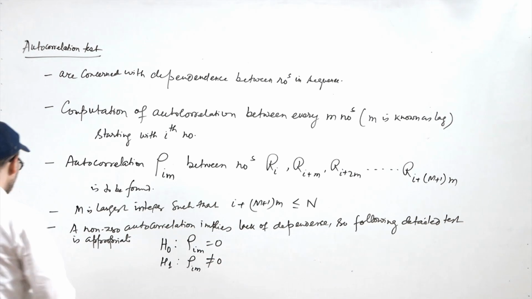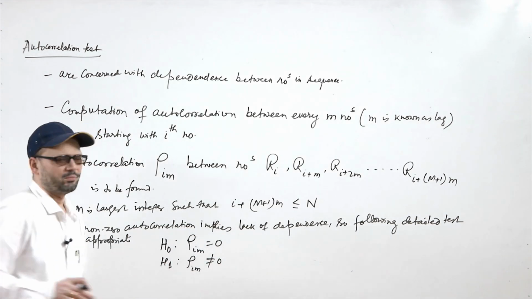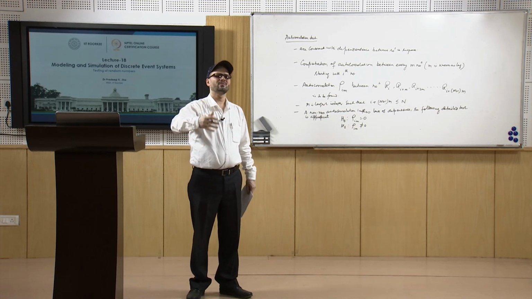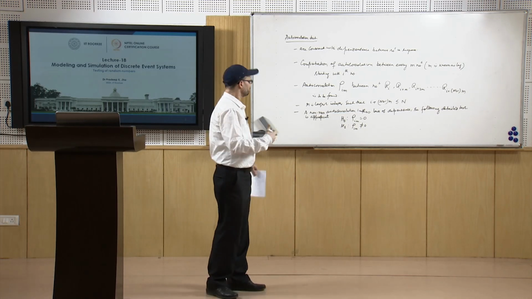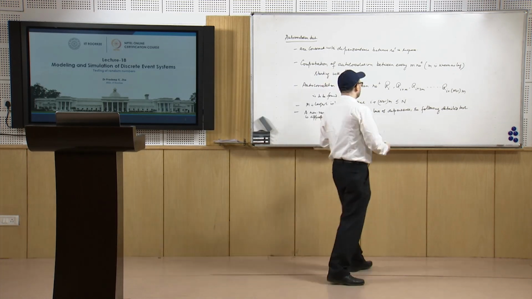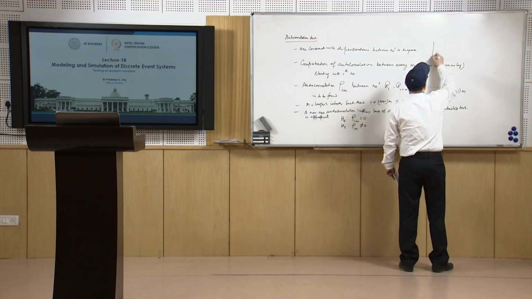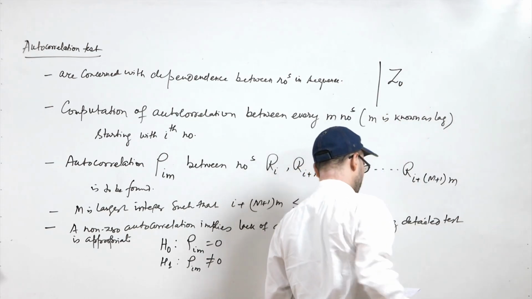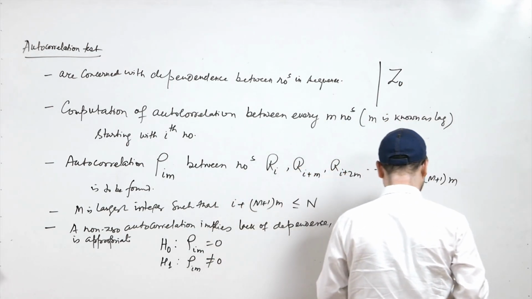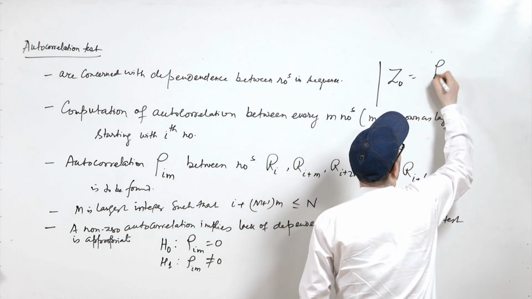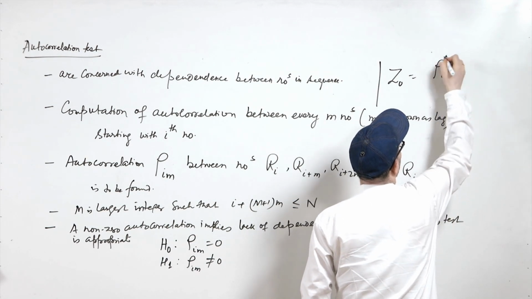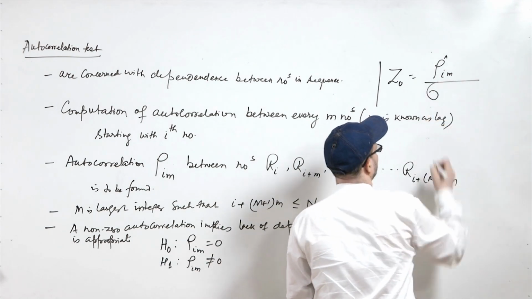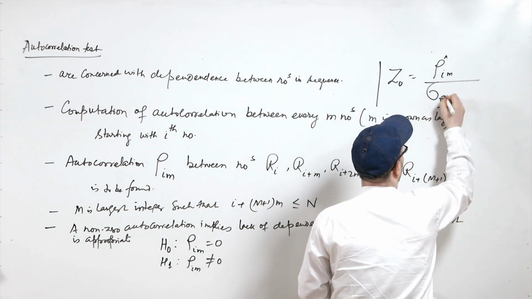Then, in this case you have R i plus m, R i plus 2m and so on, and you further find certain statistics. Among them you find the test statistic Z naught, that is the estimator value of rho im divided by sigma of rho im.